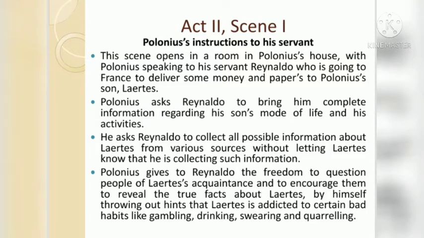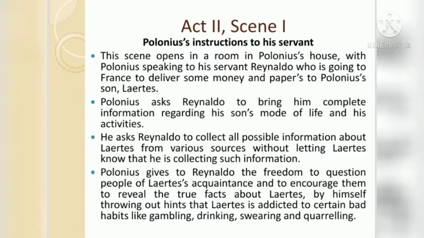Polonius asks Rinaldo to bring him complete information regarding his son's mode of life and his activities. So Polonius wants Rinaldo to find out what Laertes is doing in France. He wants to get the complete information.